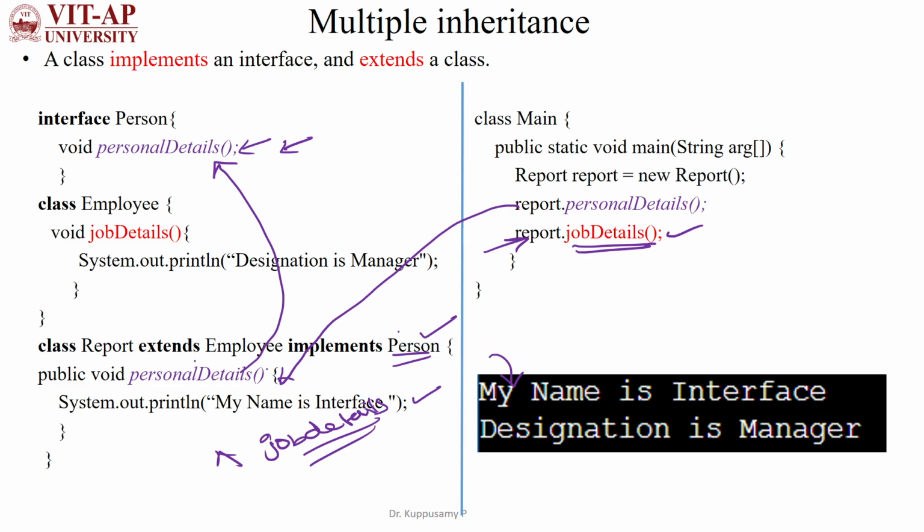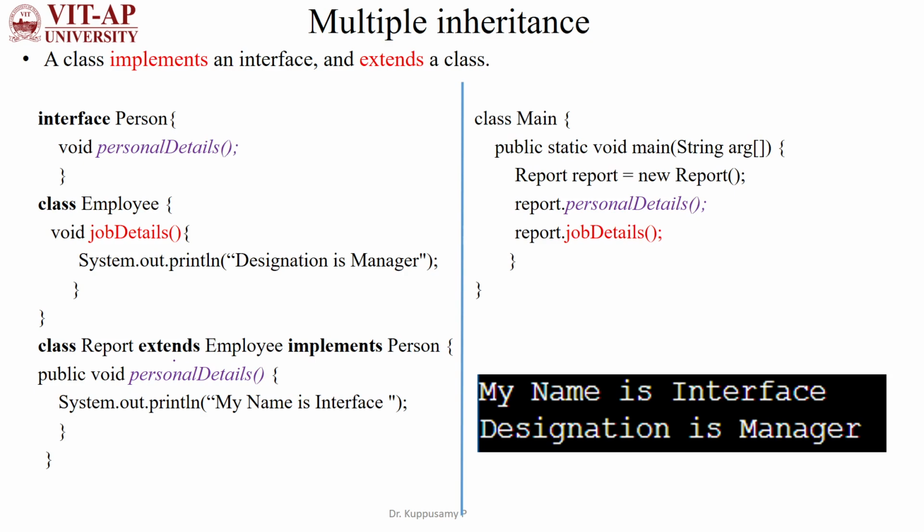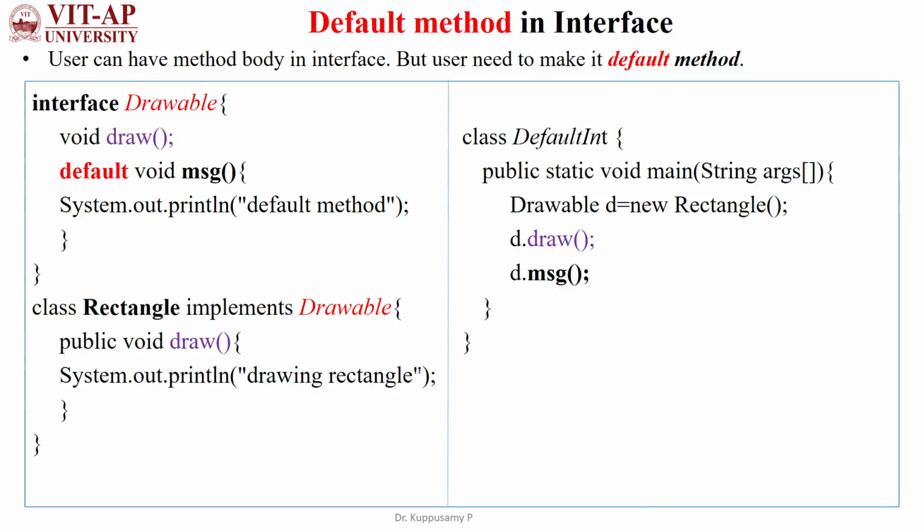So it will check the class Employee, because it is the parent class to this Report class, the child class. Then it will execute the single statement, designation is manager. So here a single class is extending another class and also implementing another interface.